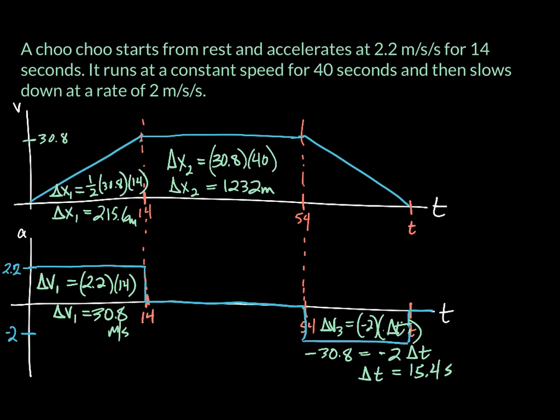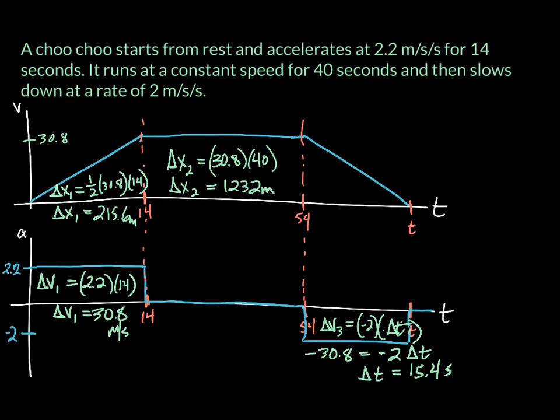Just a typo. I initially meant to write t minus 54, but I wrote a 56. It's just a mistake. So the change in time for this little region here is 15.4 seconds.